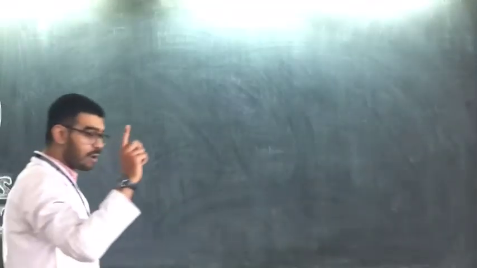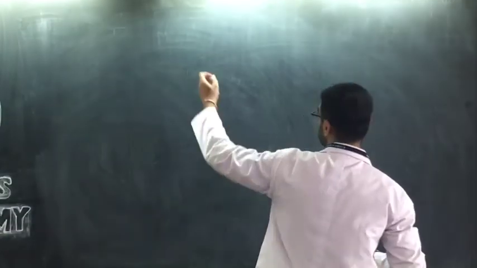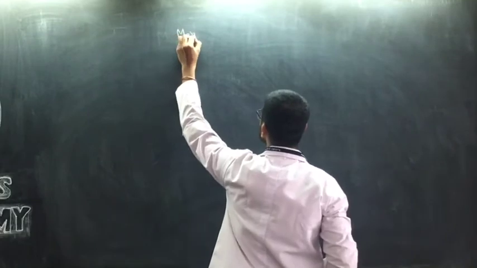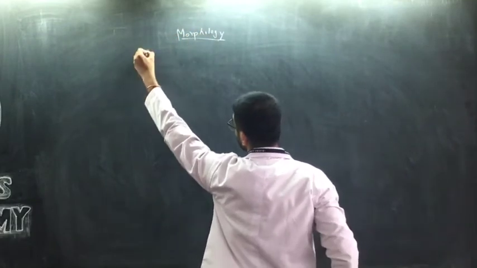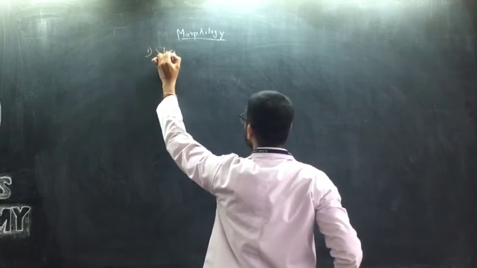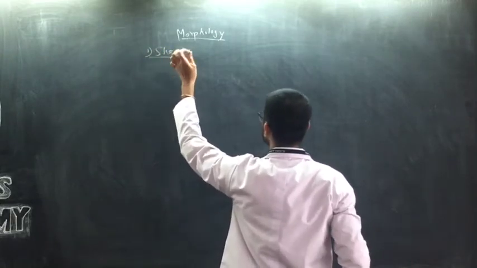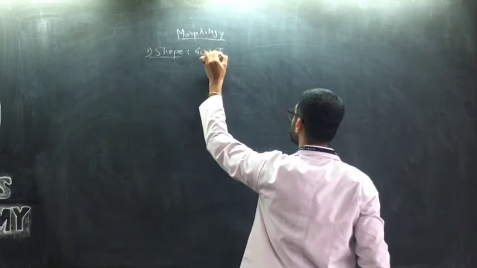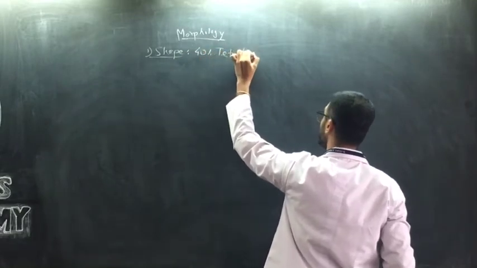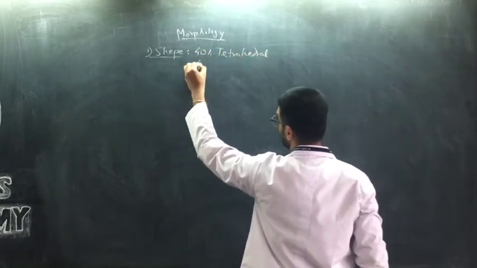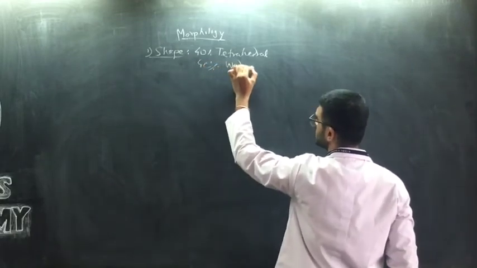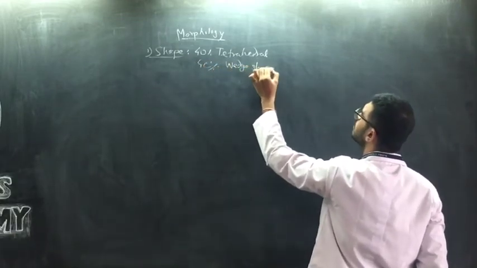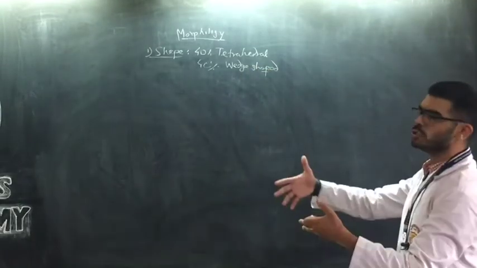Okay, let's speak about the morphology. Now, I told you whenever we discuss morphology, we have the same subtitles which work for almost every organ. Point number 1 is shape. Now, about 40% of the times, the spleen is tetrahedral in shape. Another 40% of the times it will be wedge shaped. Now essentially that's one and the same thing. A wedge shape would probably be a little more triangular towards one side.